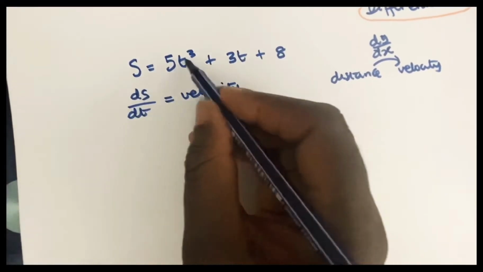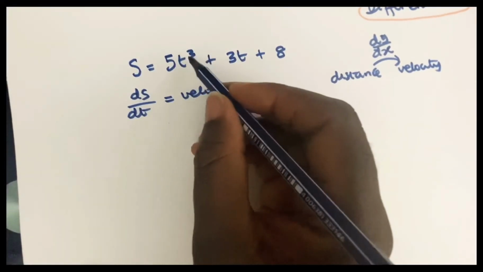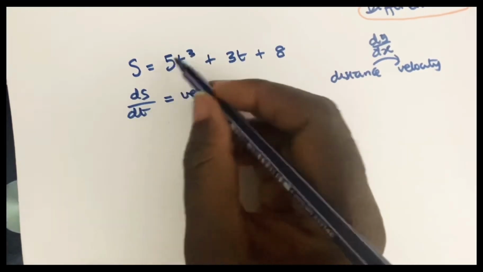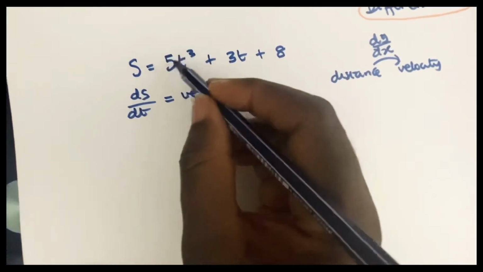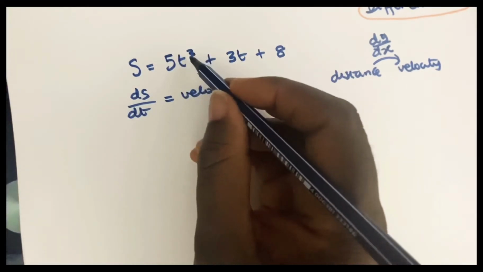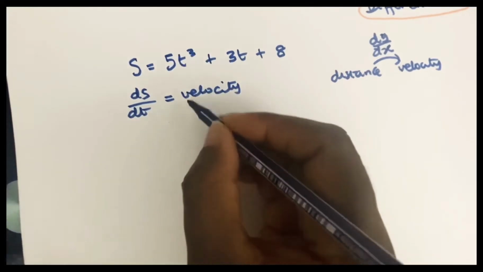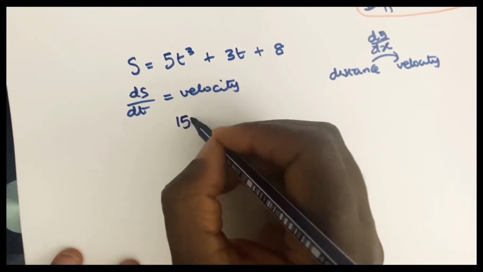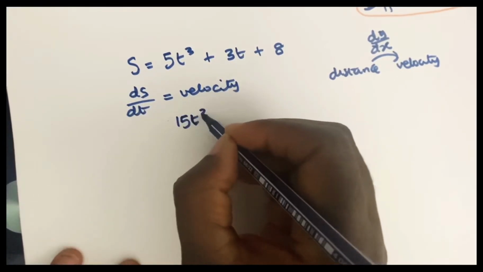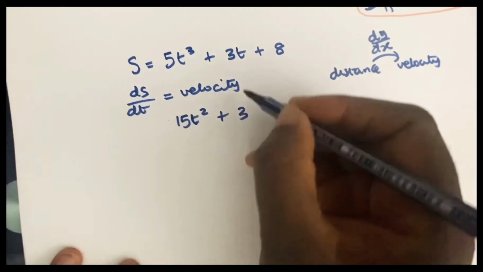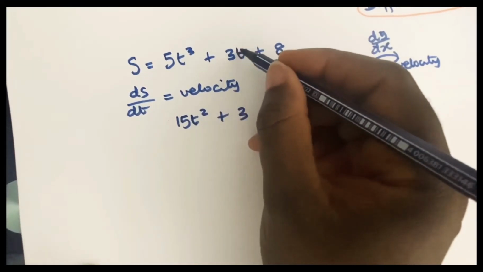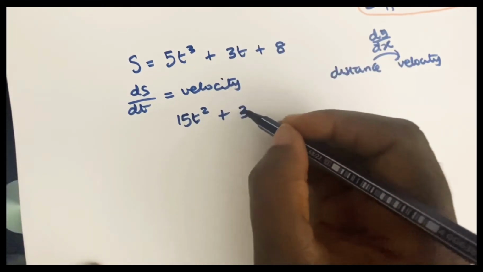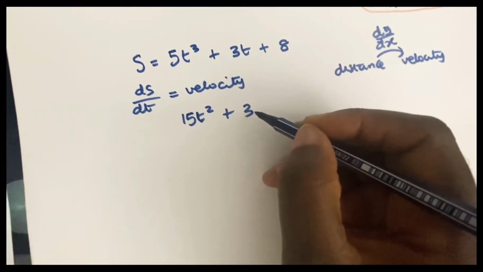So if we differentiate 5t cubed, remember we have to multiply by the power, and then reduce the power by 1 always. So that will give us 15t squared plus 3. This time we have no power, and if we reduce the power by 1, that will come to 1. So it's just 3 times 1, which is equal to 3.